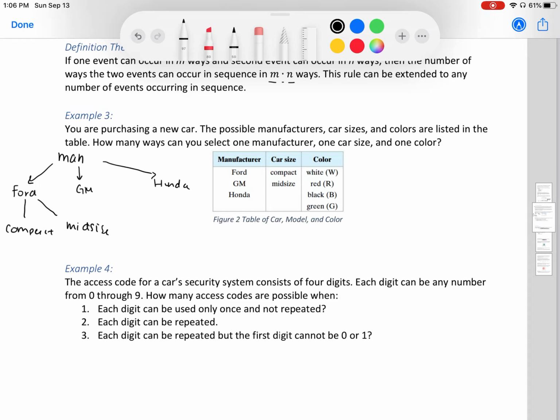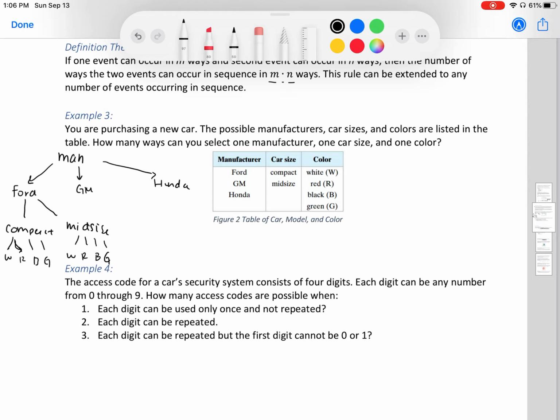And then for each one, we have 4 color options. That's already a lot, and I still have to do it 2 more times, right? So we can have white, red, black, green, white, red, black, and green. So this one isn't so bad. We can actually do this one all the way.